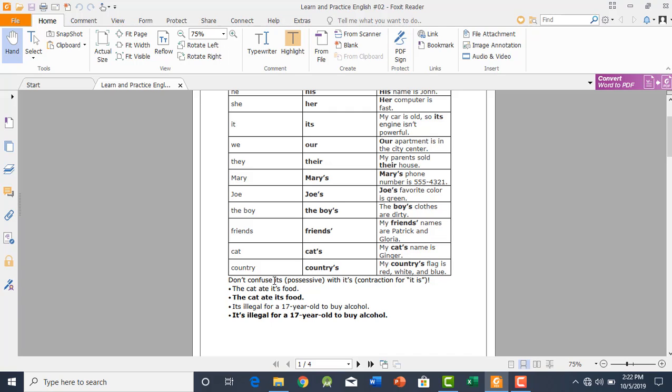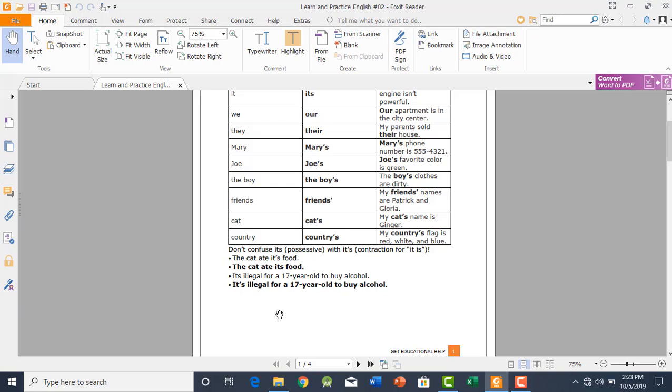If you look at this word in some sentences, you must understand which one is the possessive word and which is not. Here are some examples for your understanding. For example, in example number one, the cat ate it's food. So this is a wrong sentence because its here should be possessive.